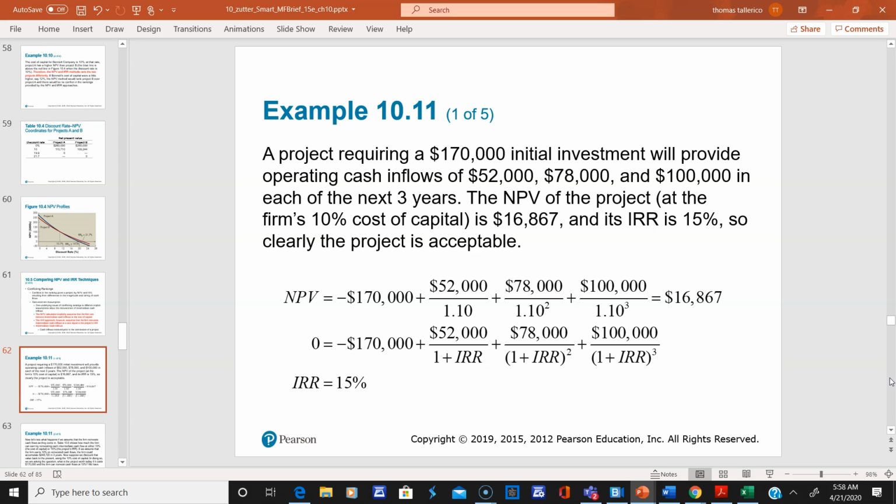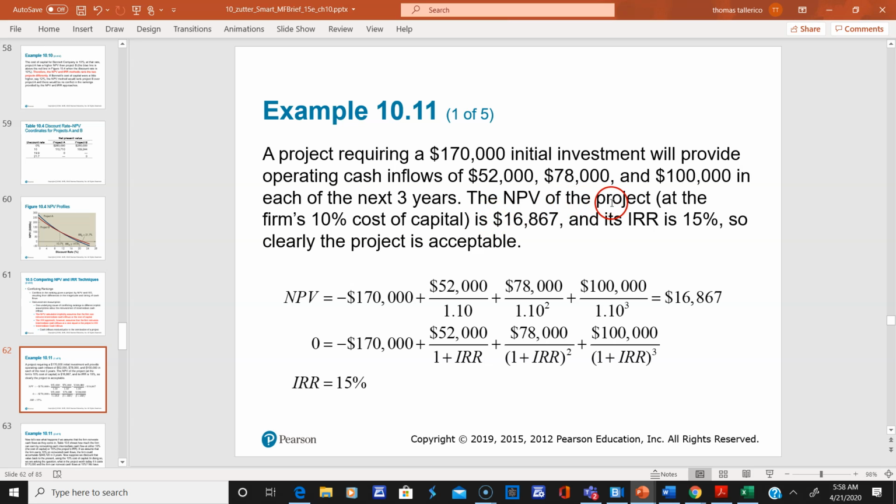So here's an example again. I'll go over this example now. A project has an initial investment of $170,000 and will provide operating cash inflows. Here are the inflows.